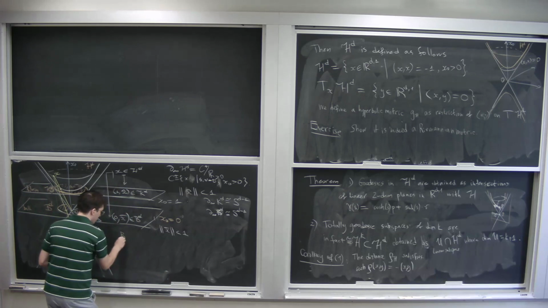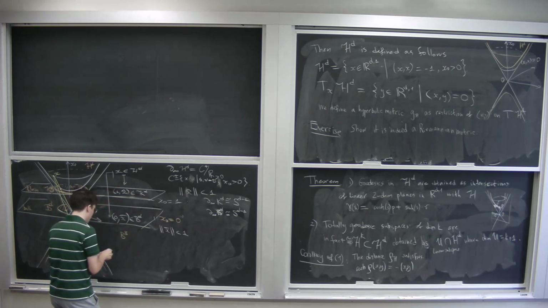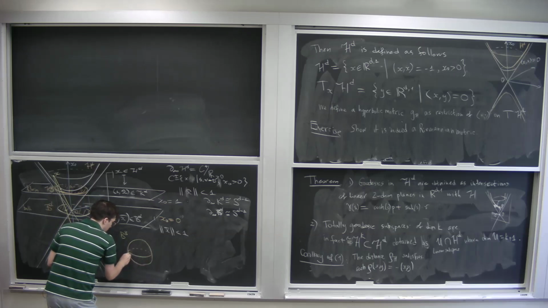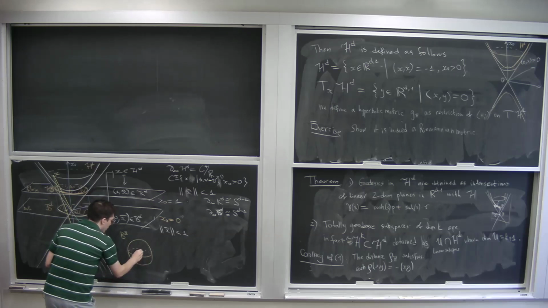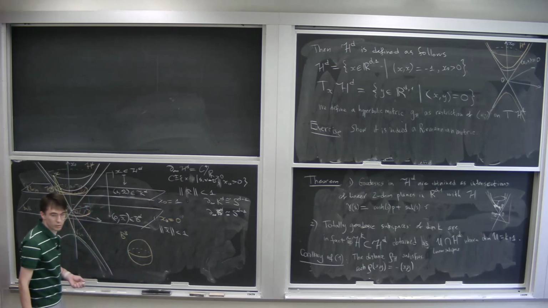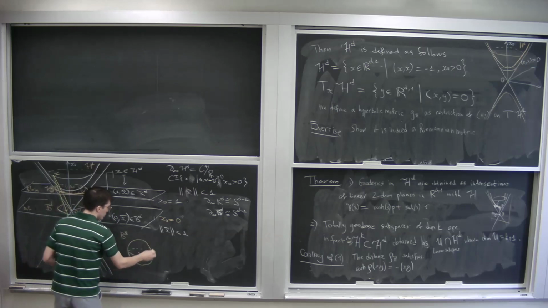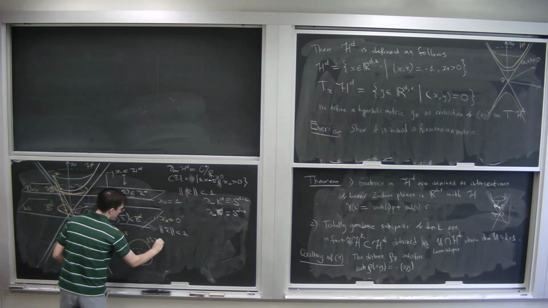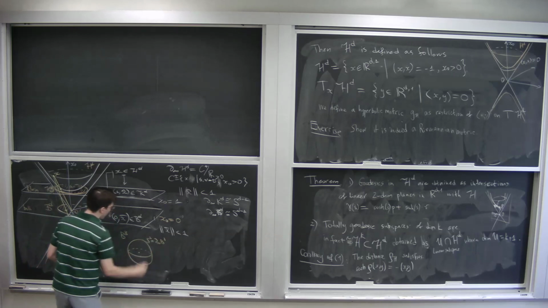So now my B3 is here. I'm drawing the three-dimensional unit ball. My points are inside the ball, and this is S2, which is the ideal boundary of B3.